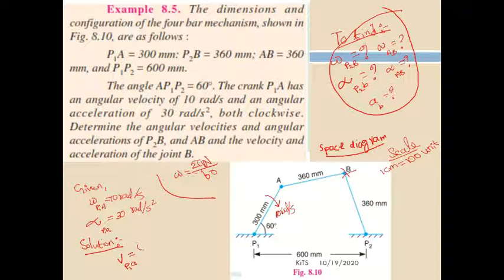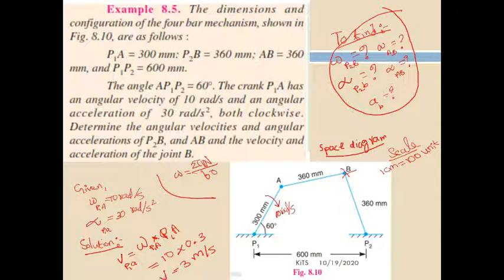Velocity of P1A is angular velocity of P1A into distance between P1A. So angular velocity is 10 radian per second, and distance P1A is 300 mm. 300 mm means 0.3 meter. So the velocity is 3 meter per second.